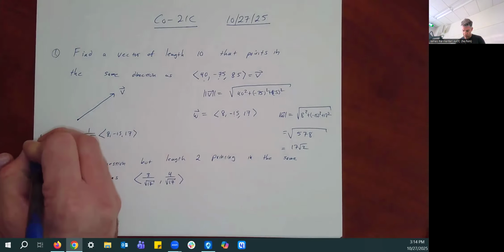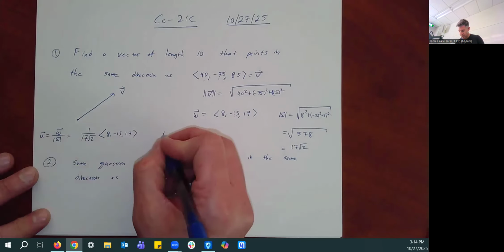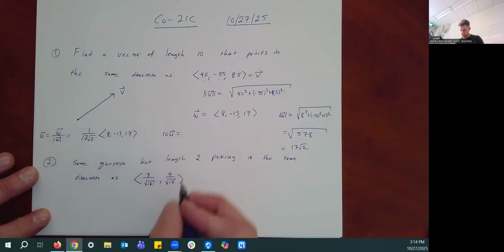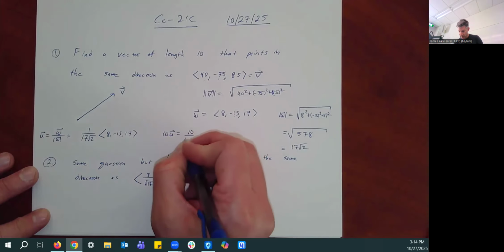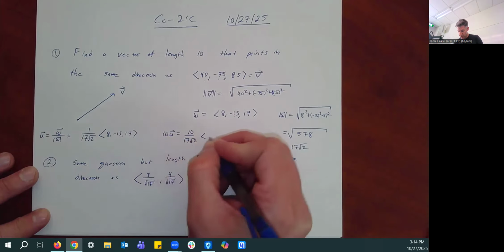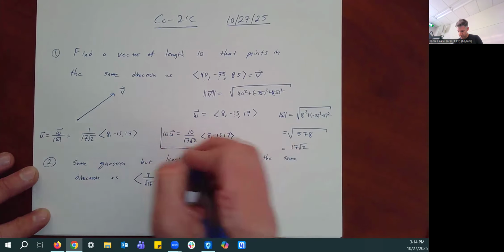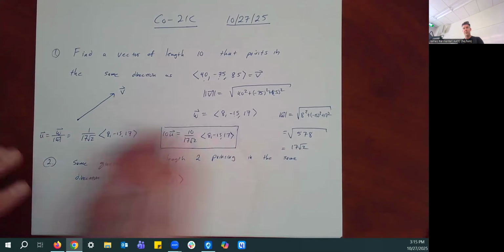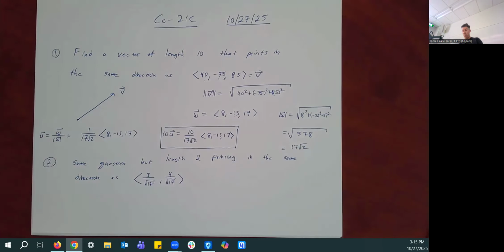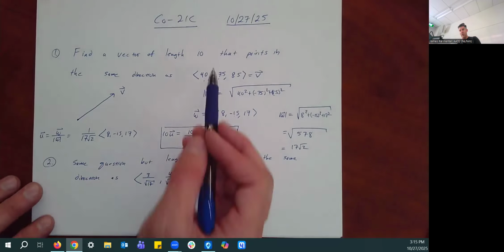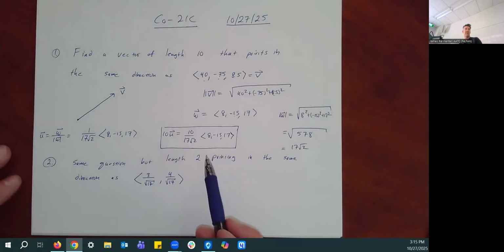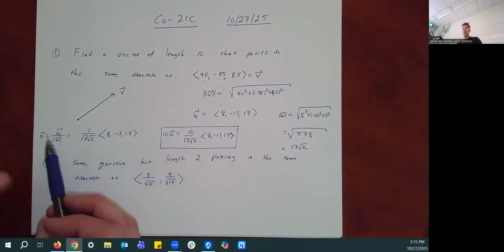So our unit vector is this. 10 times our unit vector is going to be 10 over 17 root 2 times 8, negative 15, 17. There's a vector that points in the same direction. It has to point in the same direction because it's a multiple of our original vector, and it has to have length 10 because it's a unit vector multiplied by 10.